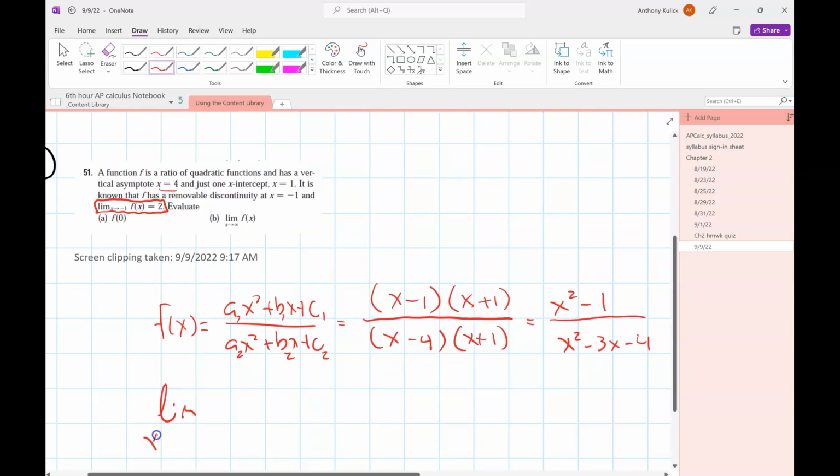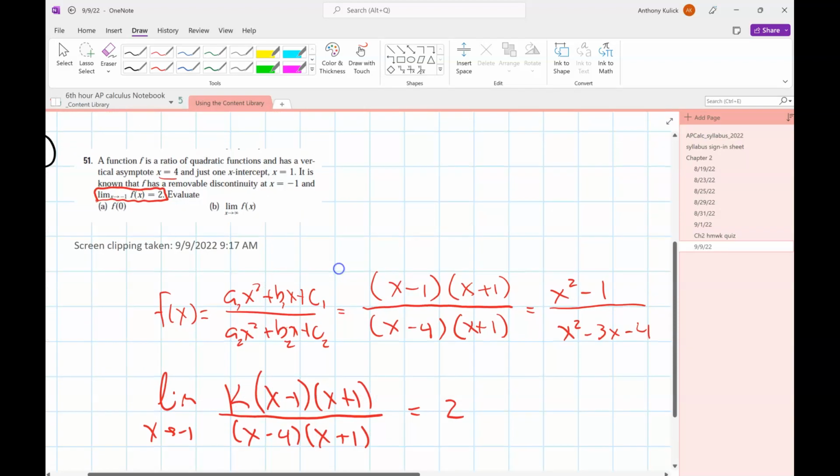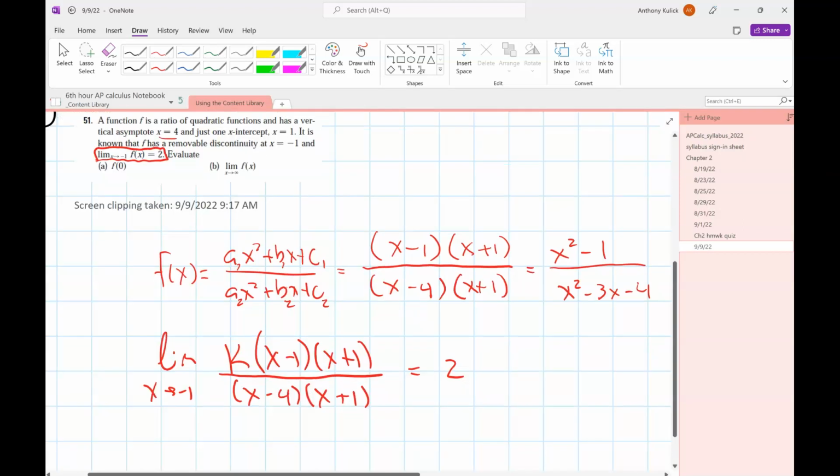So if I look at the limit as x approaches -1 of, I'm going to do just k times, because there could be some constant stuck here somewhere. I know that's equal to 2.